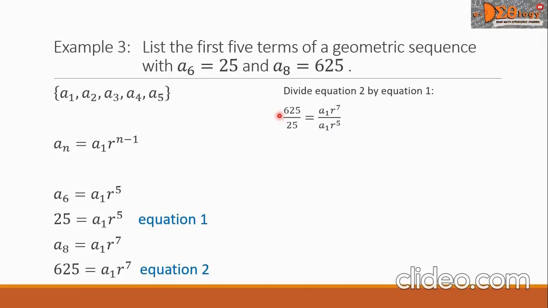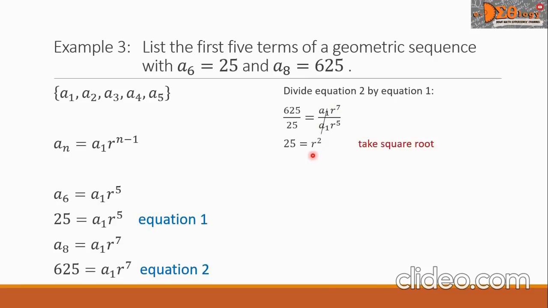This 625 divided by 25 will give 25. On the right side, we can cancel a sub 1 that is common in the numerator and in the denominator. And for the r, we will subtract the exponents as a rule of division of exponents with the same base. So this is 7 minus 5. So we have here r squared.